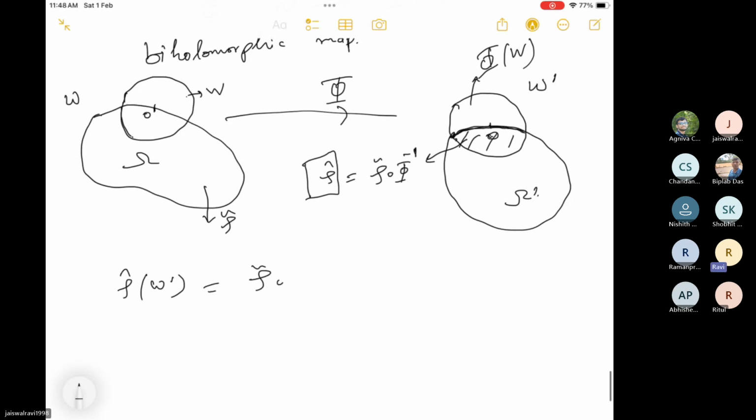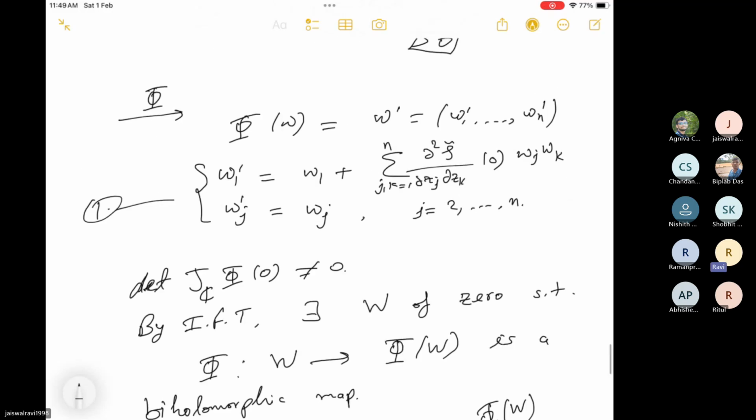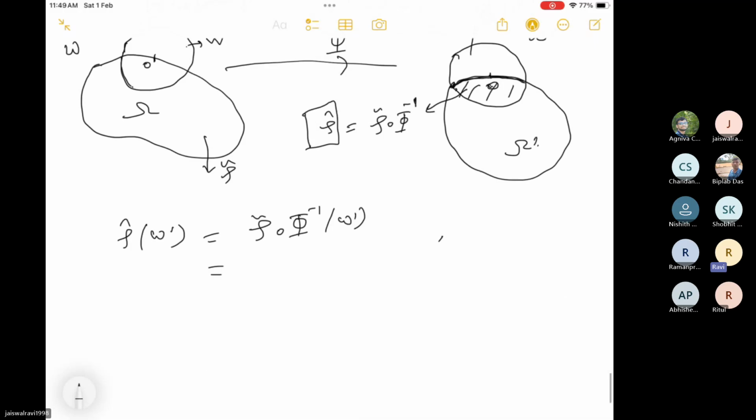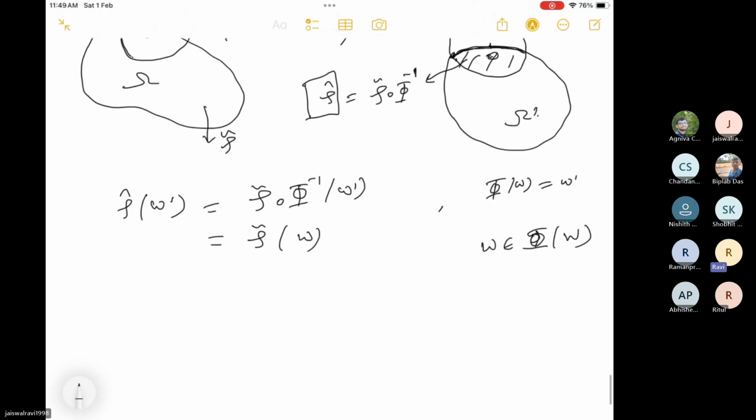And note that from here phi of W is W prime. So here phi of W is W prime. That means this is rho hat of W, because phi is an automorphism and our W prime is in phi of W. Everything is biholomorphism, so you can do that.